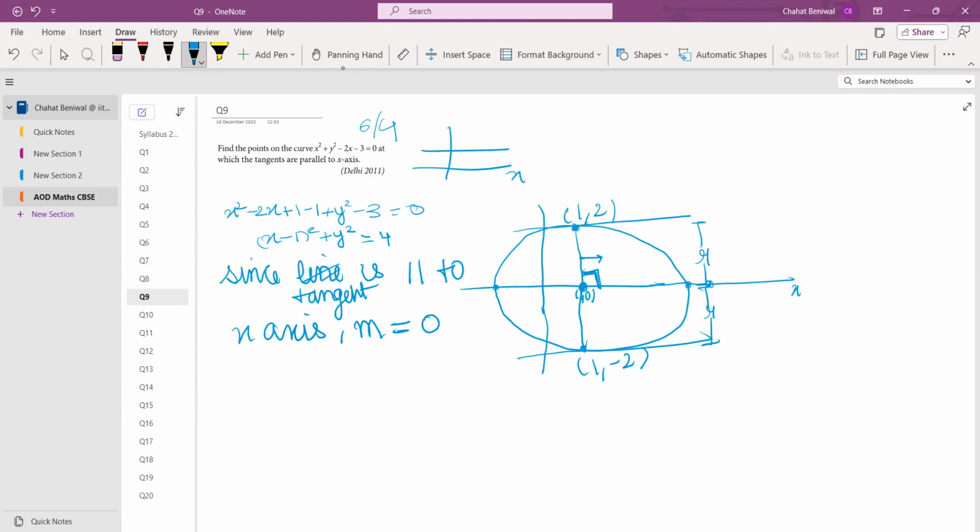And then we are going to write the equation of this line, AB. Let's name the points.